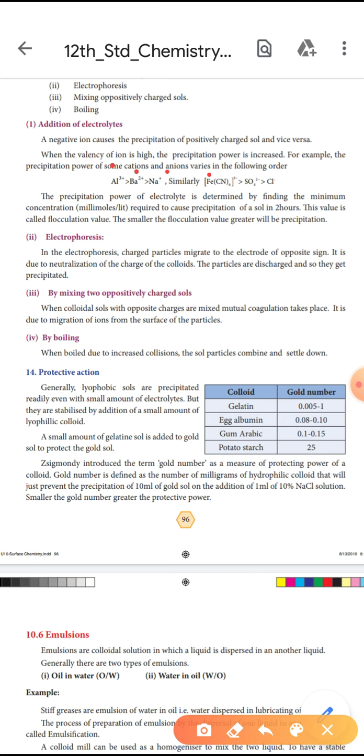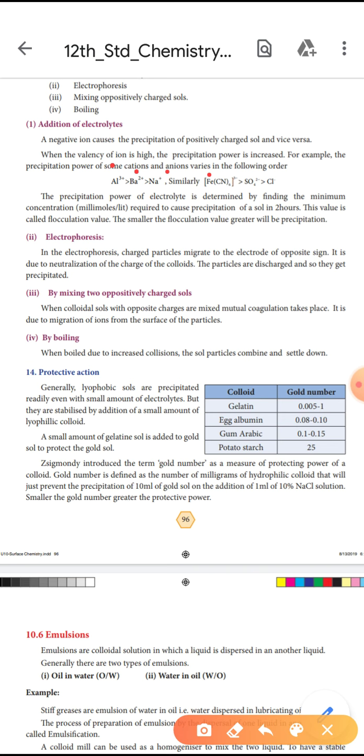The particles are discharged and so they get precipitated. Next, mixing two oppositely charged sols: when colloidal sols with opposite charges are mixed, mutual coagulation takes place. It is due to migration of ions from the surface of the particles.